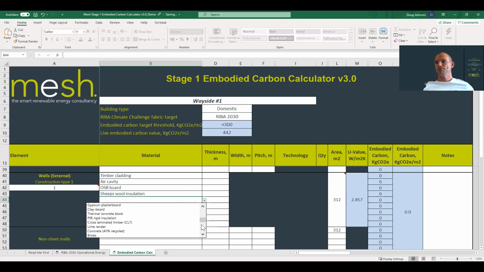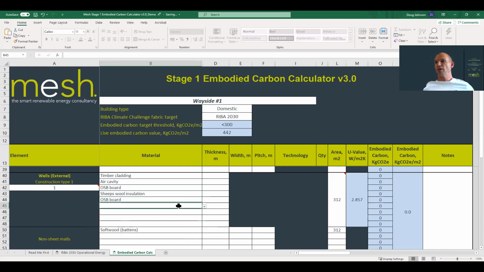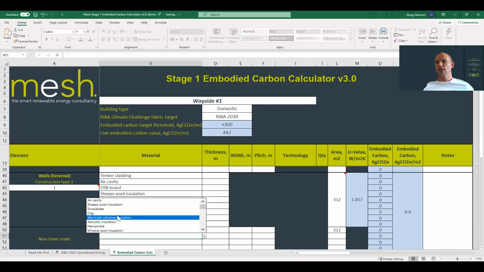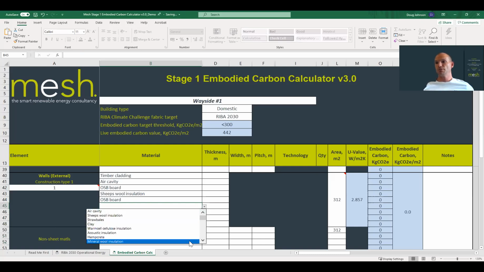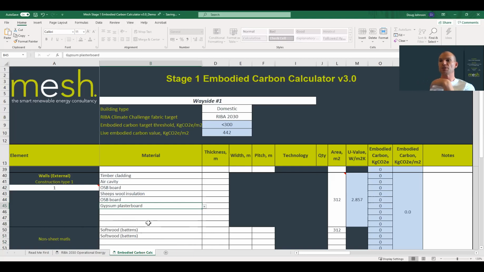Then say you've got battens on the inside of the building again, and then sheet material. Let's put in plasterboard. Right, so we've essentially got all our elements here.